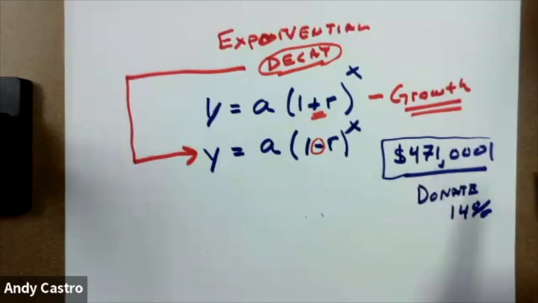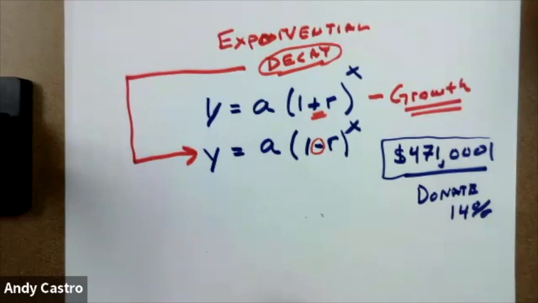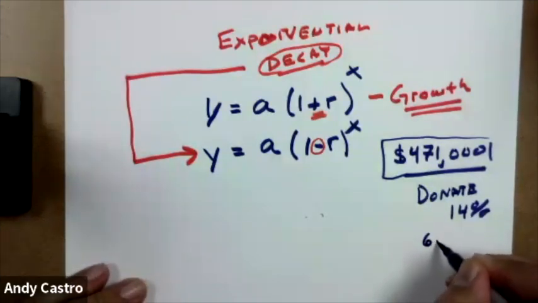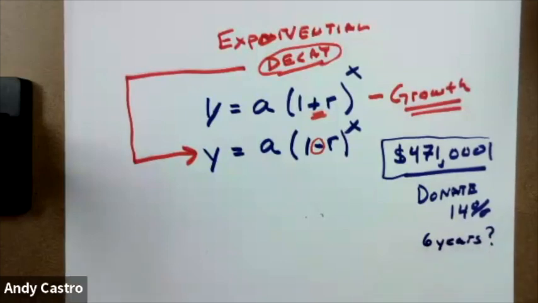And so 14% of that number will be a little bit lower. So we're going to use our exponential decay, which uses subtraction. And we want to know after 6 years, essentially, what is the total amount? So, what is it in 6 years that he has left in the account?